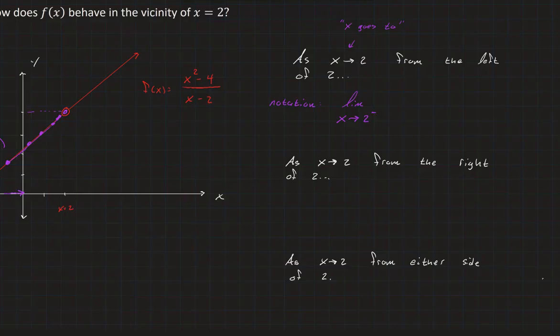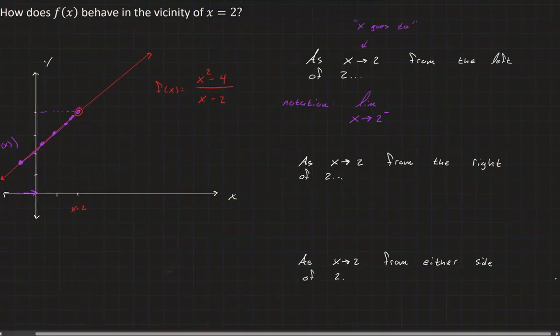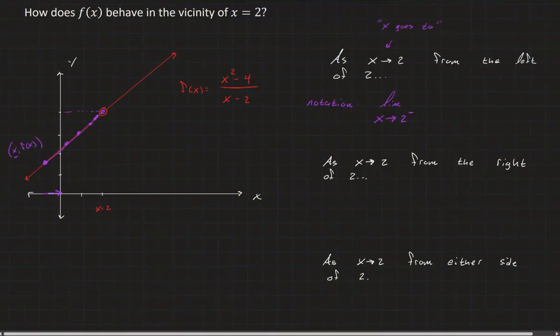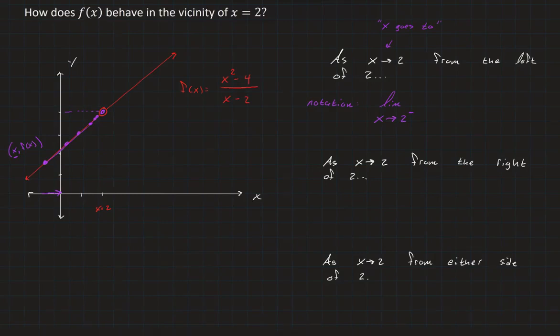Notice that I have this weird little negative above the 2. It looks like a power, but it's not actually a power. It's a superscript. This is telling me that I'm allowing x to approach 2 from the left side of my function f of x, the red one.